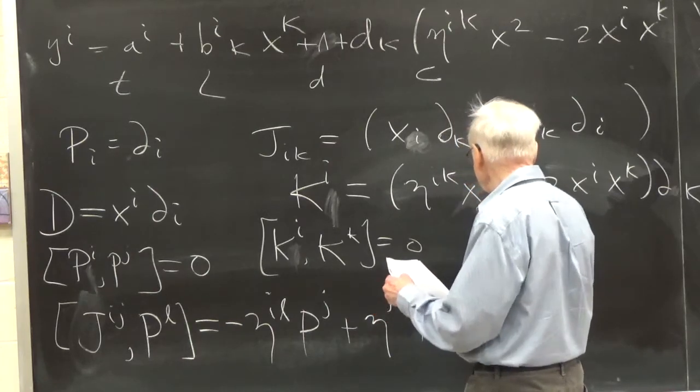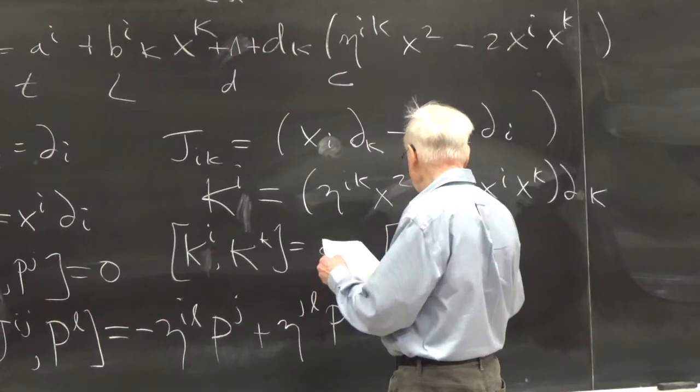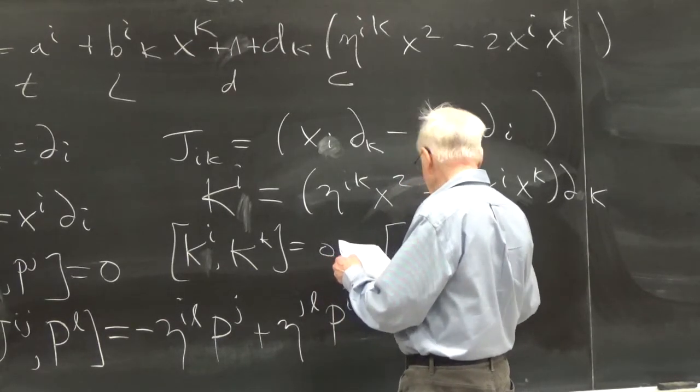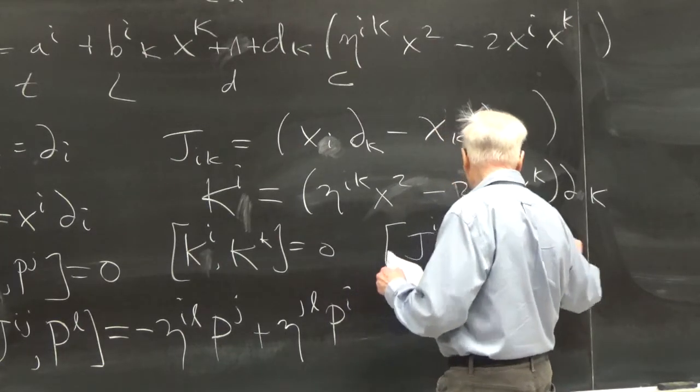Then there's also the most complicated of them all, which is actually J_IJ, J_LM.